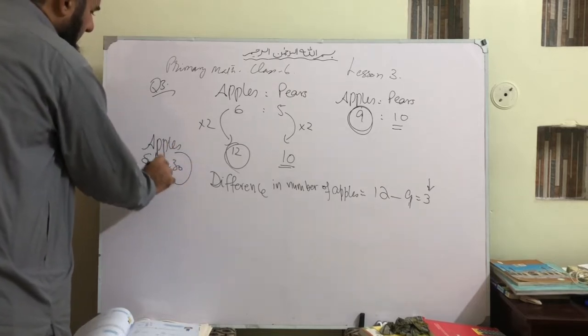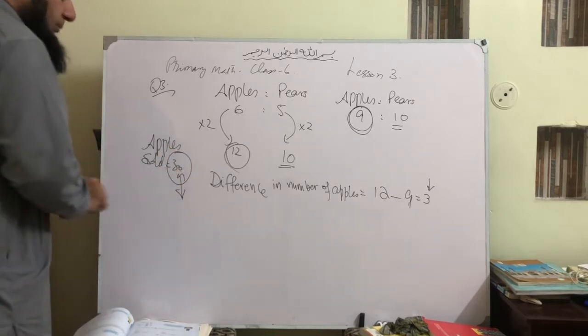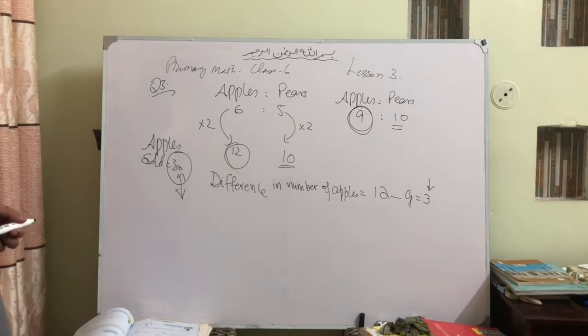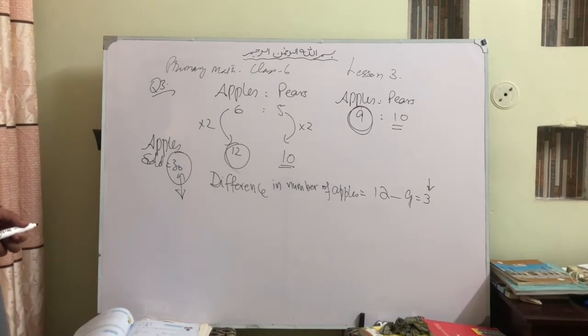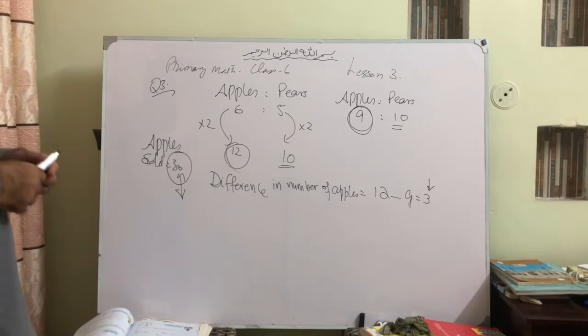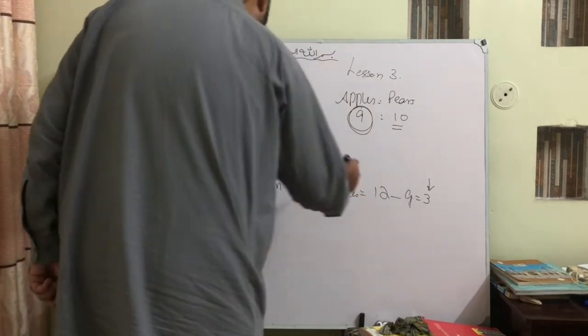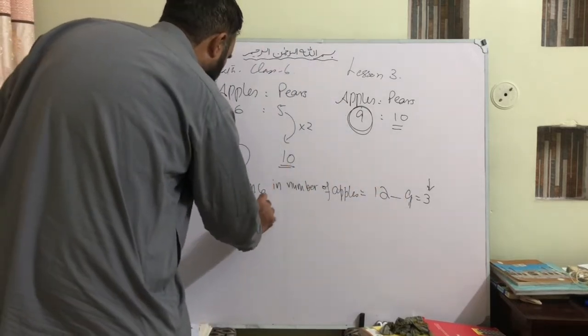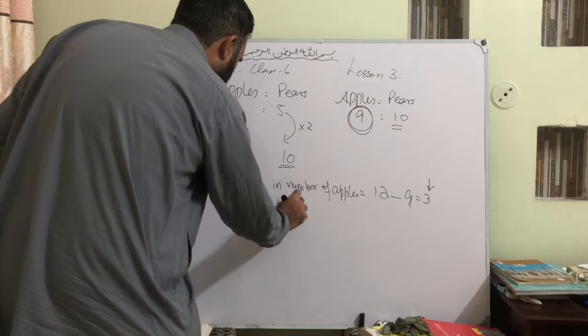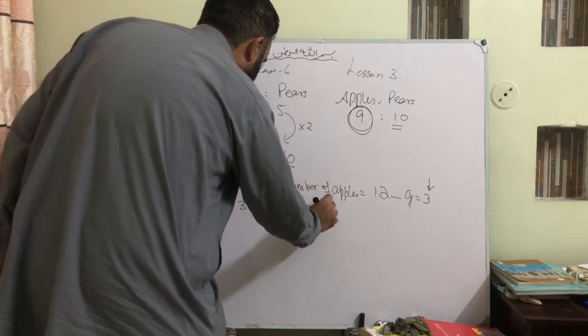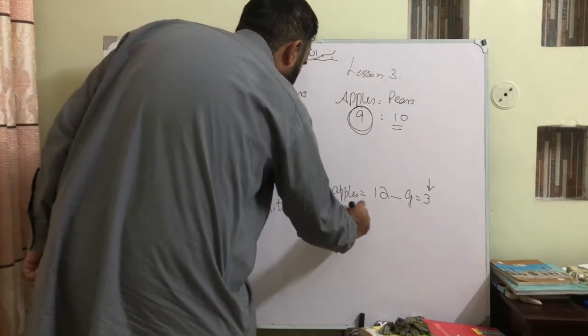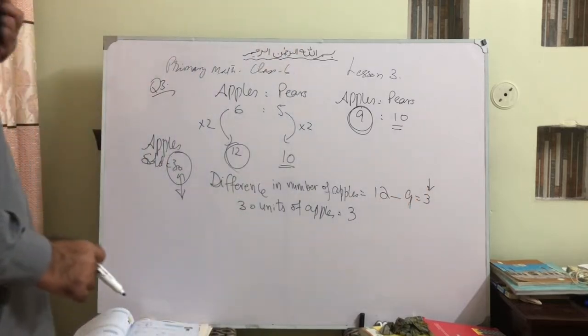So this created the difference because the ratio of apples changed due to the sale of these 30 apples. So this means that the 30 apples sold are equal to this difference 3. Okay.